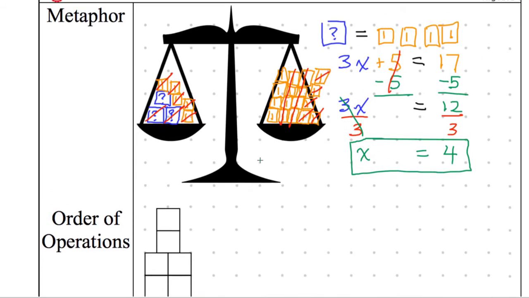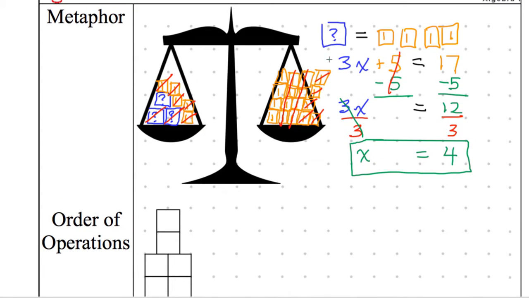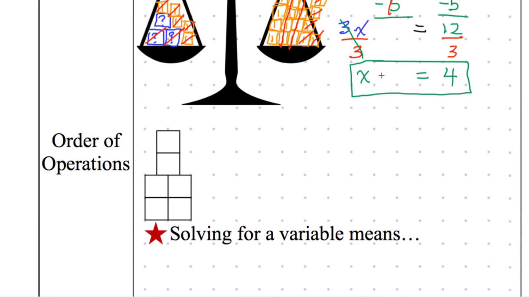So when I try to solve for x, I need to undo whatever's happening to it. When I have 3x plus 5, everything on the left-hand side with x, I need to undo. If I were to do things with a normal order of operations, I have that acronym. It's up there on the right-hand side next to the Albert Einstein.